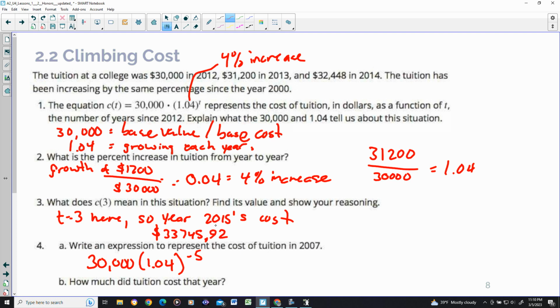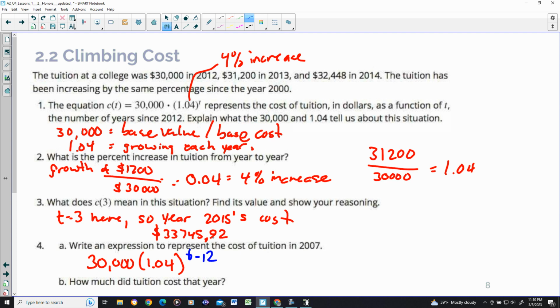Why does that work? So let's say we did it the way that we did this back in Unit 1. What we would do is realize that we're given not the first term, but the 12th term. And so because we're given the 12th term, we could say that it's t minus 12.